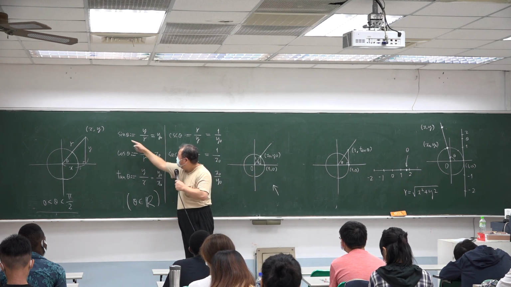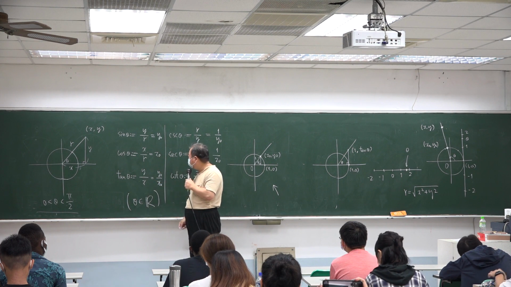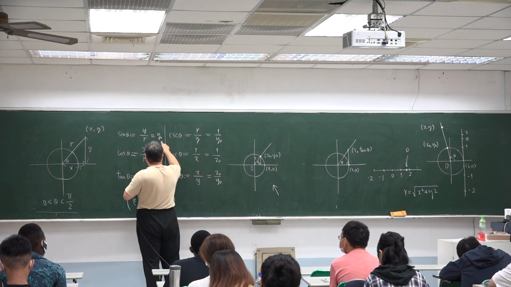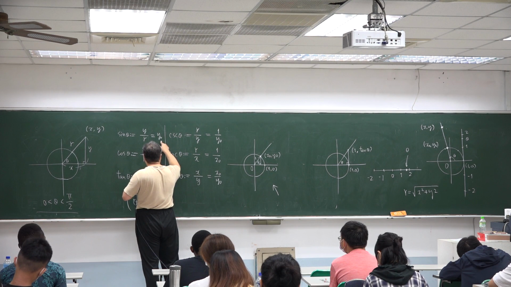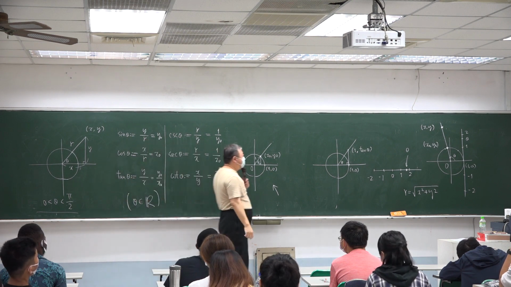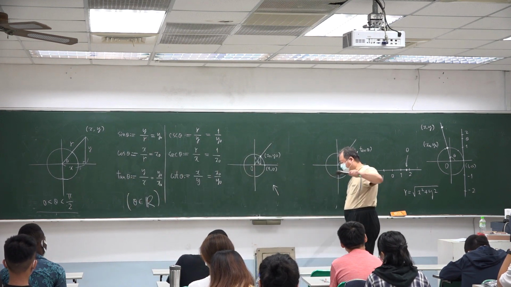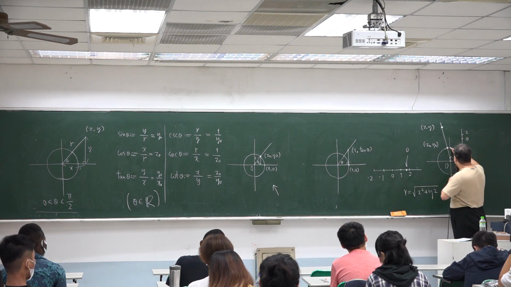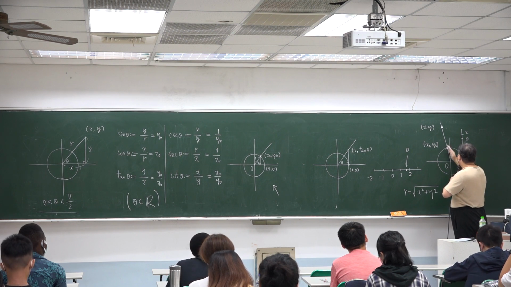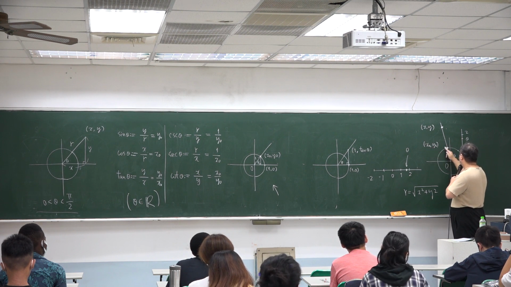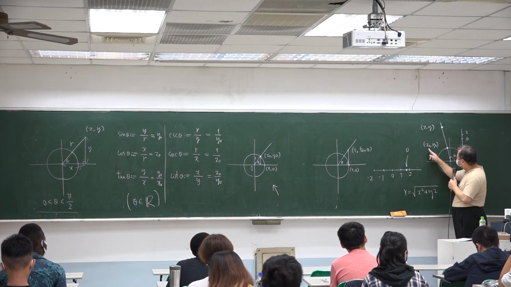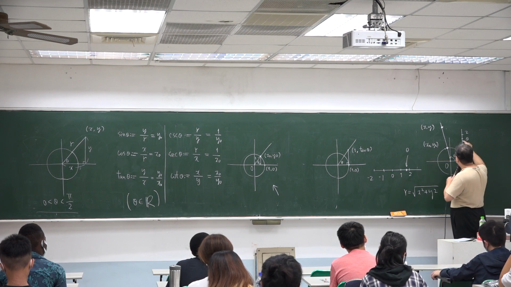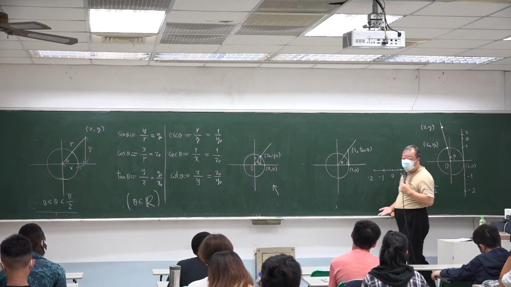Define so-called sine theta, cosine theta, tangent theta. So this value depends on theta. If theta is smaller, then this point moves to the right, and the coordinate will be changed. Maybe x now is negative, here is positive.